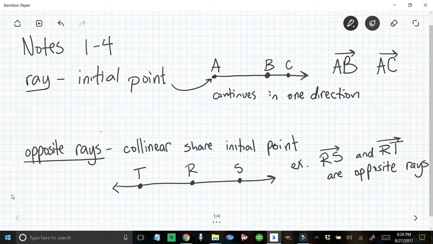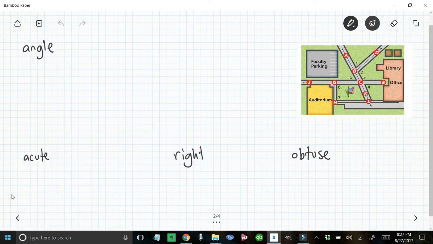That's just kind of letting you know that that's a perfectly straight line, because sometimes it's kind of hard to tell if it just kind of looks like a straight line or if it actually is, and they're going to denote that in the directions by just saying these are opposite rays. Okay. That being said, we're ready to get into our definition of what an angle is.